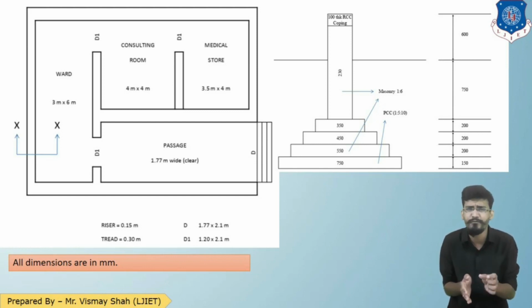The various heights of the footing are given in the section drawing, and the length and width, the basic dimensions, are given in the plan. So I hope we are clear about the drawing.